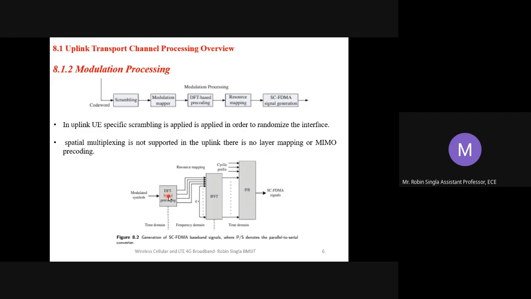Then the output of this DFT based precoder is mapped to the resource blocks using resource mapping, and those have been allocated for the transmission of the transport block.